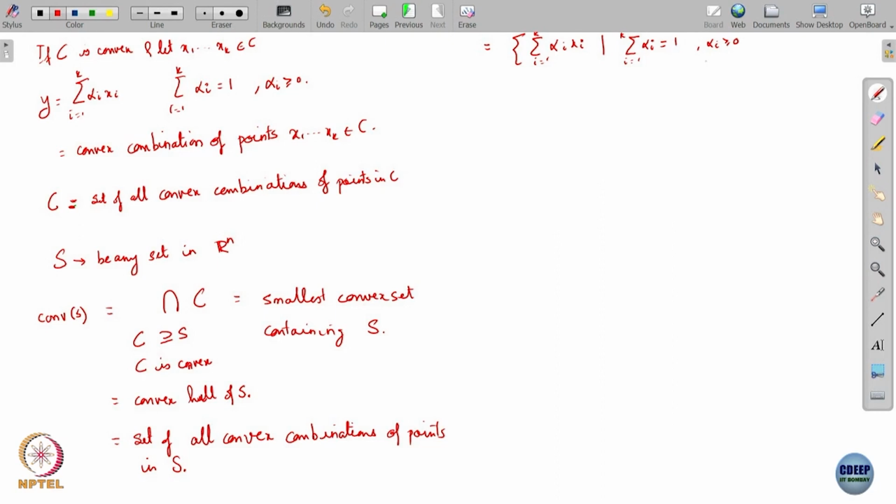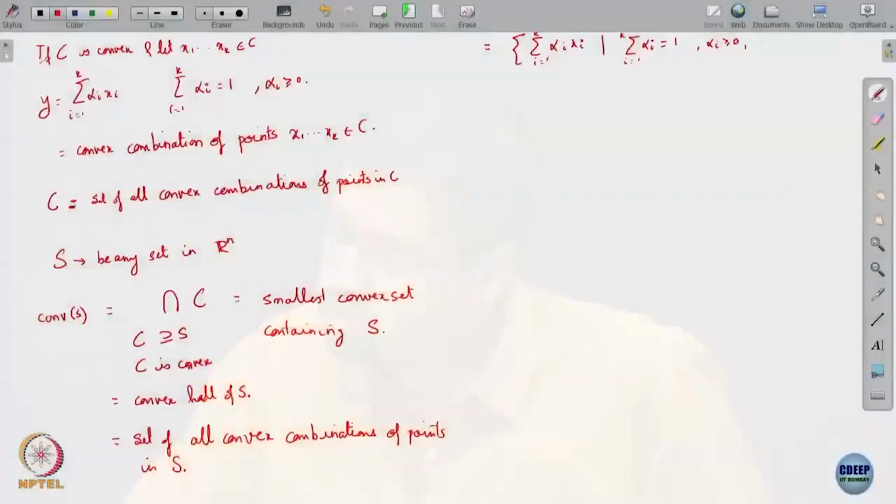Is this it? Does this define it for me? I need to also allow for choosing any x_i's that belong to the set S, right. So, x_1 till x_k all belong to S. What else? Is that it?